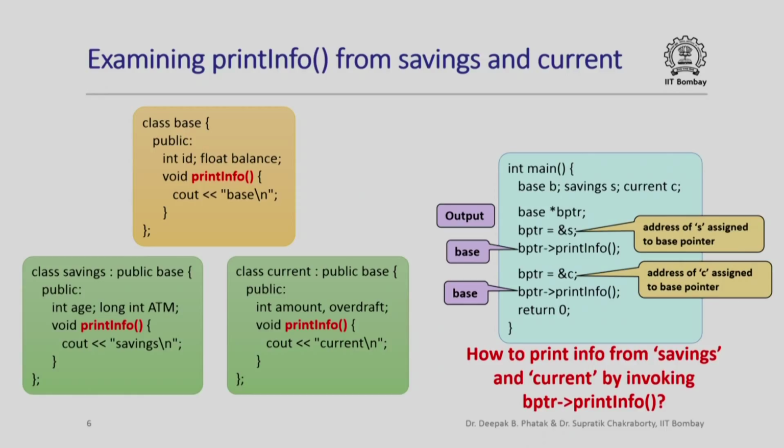In such cases, I want to call printinfo depending on whether the address of S got assigned to BPTR or the address of C got assigned to BPTR. If the address of S got assigned to BPTR, I want to call printinfo of the savings class, otherwise I want to call printinfo of the current class. So the question is, how do we do this in C++?